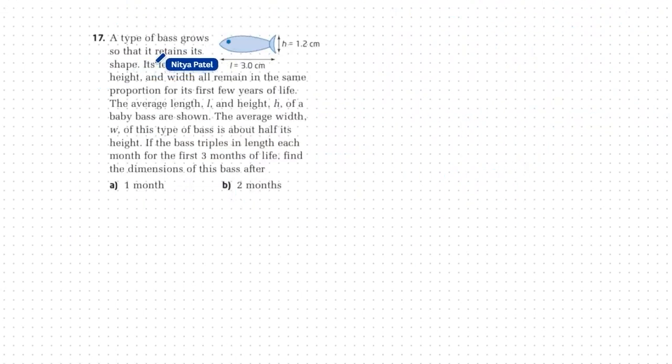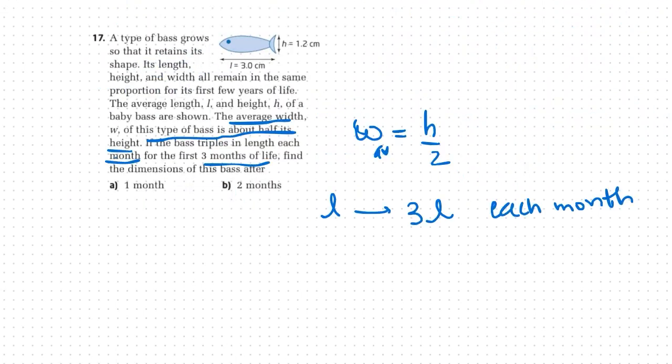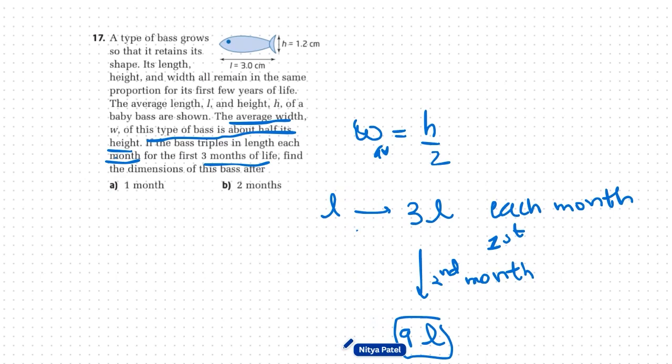Its shape, its length, height, and width all remain. So each month, for the first 3 months: the first month would be 3 centimeters in length, so first month it is 3L. Second month it's 9L, 6 times 3, 3 times.